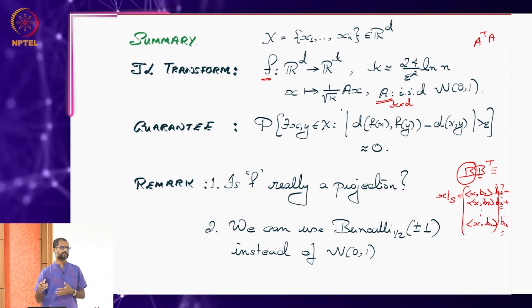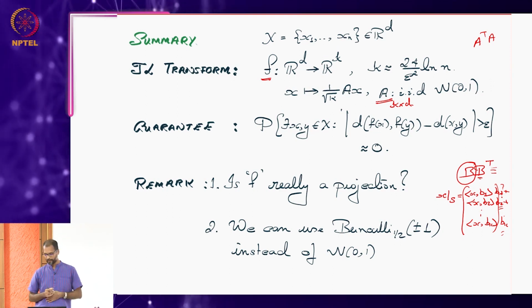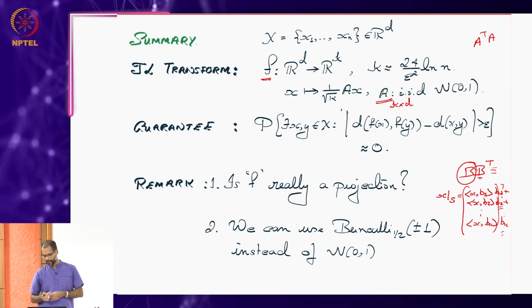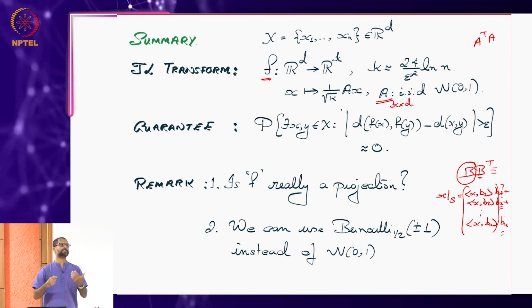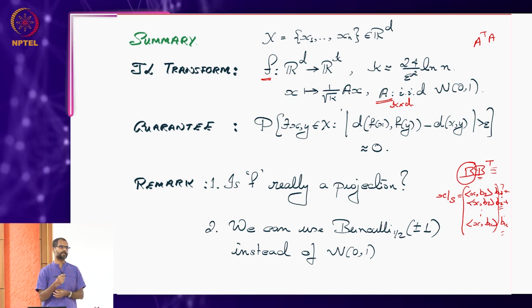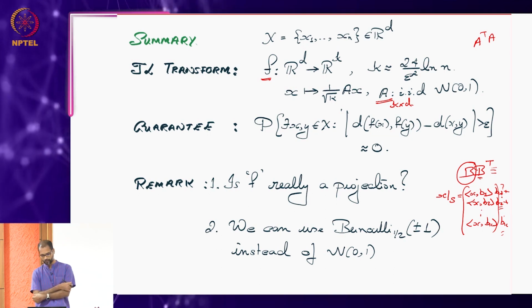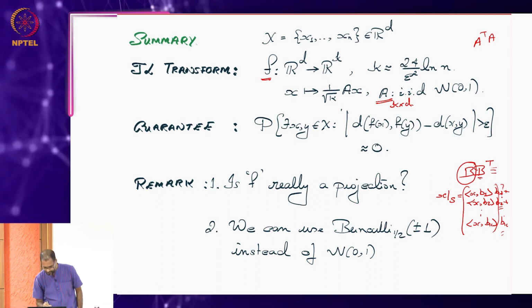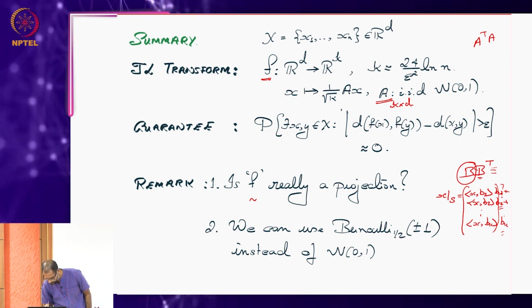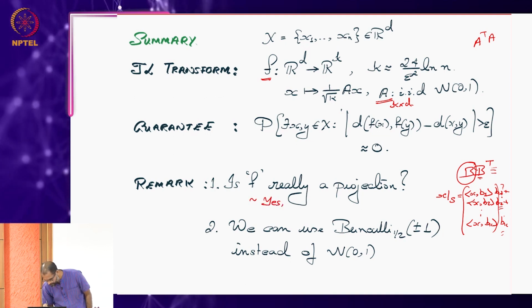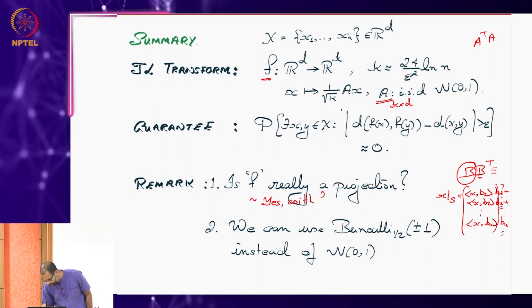Making it orthonormal is a matter of scaling and does not really affect anything, but the representation is in terms of the new basis for the smaller dimensional space. So it is approximately a projection, yes, with very high probability.